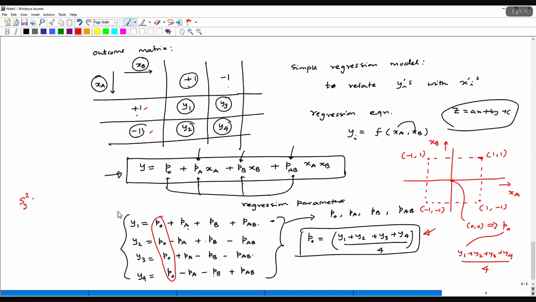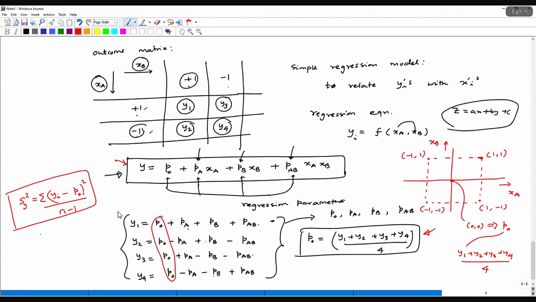S y square will be basically the sum of yi minus the mean, basically p naught, squared, divided by n minus 1. So this will represent the variance of the data.